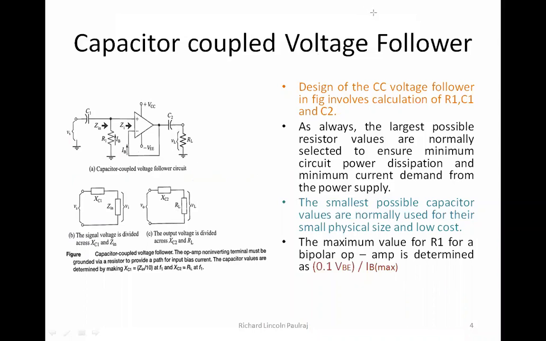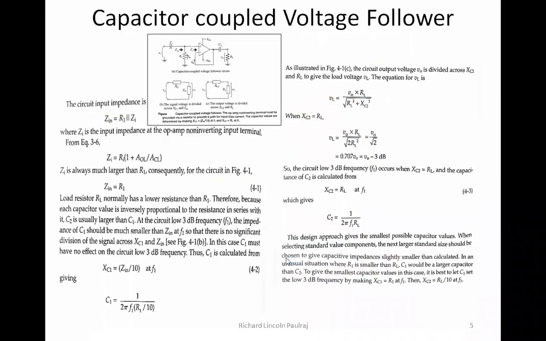Okay, so let's continue our discussion. I will bring this diagram forward so that it helps us. We have seen that the input impedance is going to be Zin, which is equal to R1, in parallel combination with Zi.